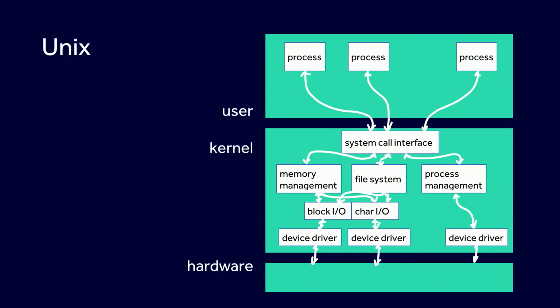The other feature here is that the kernel is split into blocks, and there may be some difference between operating systems in these blocks, but pretty much, if I put the diagram of Windows up here, you would have seen pretty similar blocks. So it's a bit like a mechanic opening the hood or the bonnet of a car.